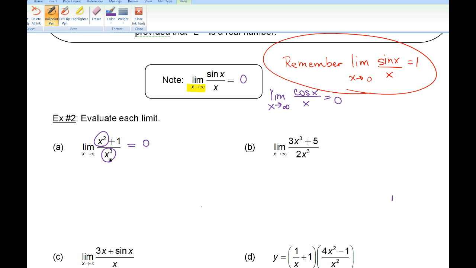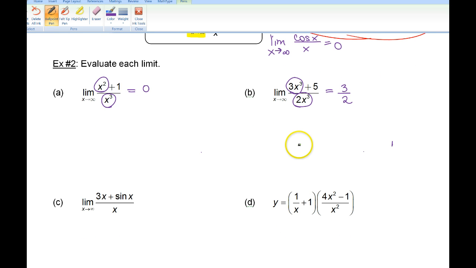Okay, next one. We have 3x to the third. This one falls under number 2. The degree of the numerator is equal to the degree of the denominator. So our horizontal asymptote is the ratio of the leading coefficients. So 3 over 2. It could be negative 3 over 2 also, right? 3 infinity over 2 infinity.